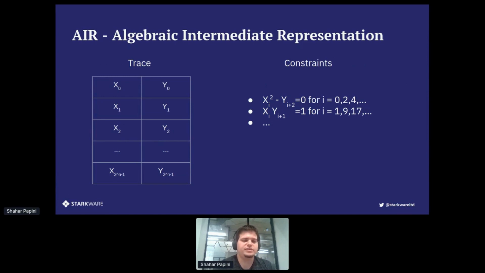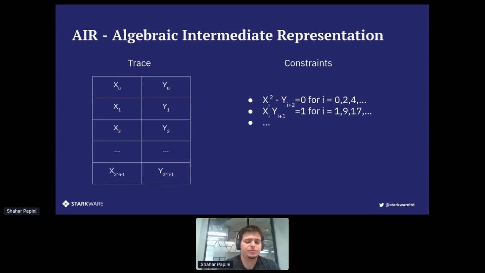Well, to represent our statement, we use a table we call a trace. This table has some constant number of columns, and the number of rows is some power of 2. And each cell in this table, in this trace, is a field element in some finite field, and it has some meaning regarding the statement we want to prove.